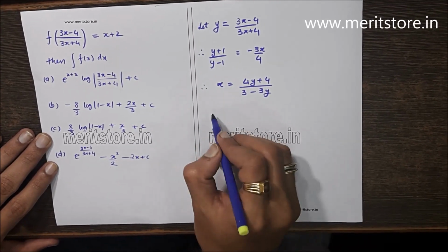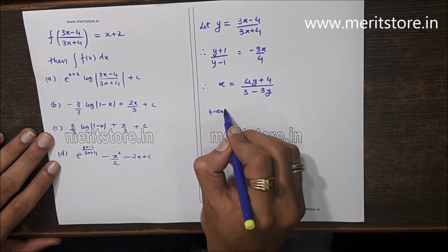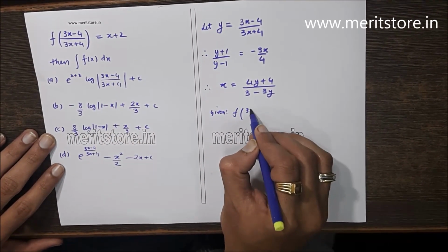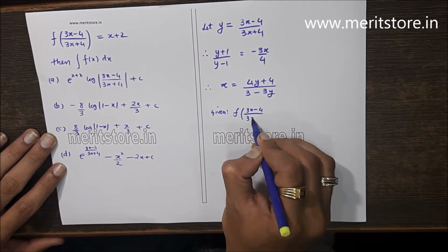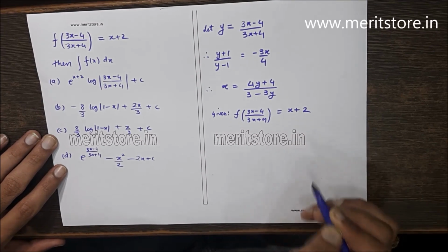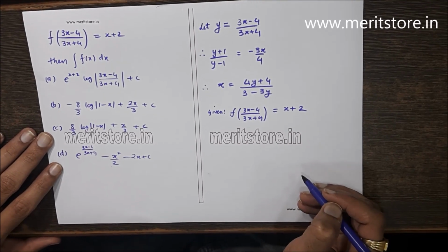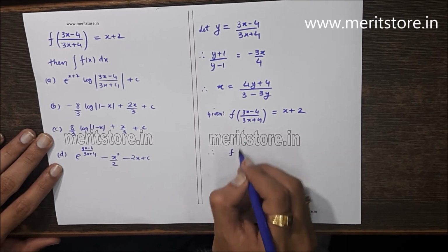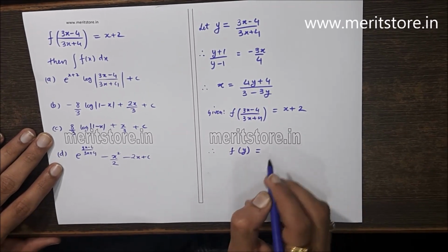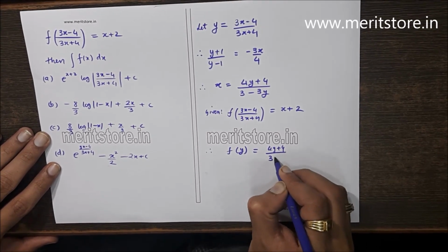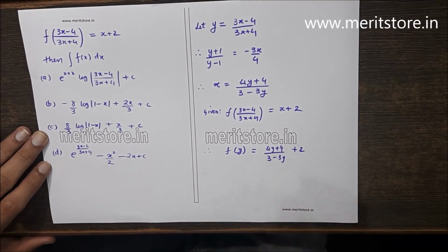Now, I have been given that f of 3x minus 4 upon 3x plus 4 is equal to x plus 2. Therefore, I am now going to state that my f of y equals 4y plus 4 upon 3 minus 3y plus 2.